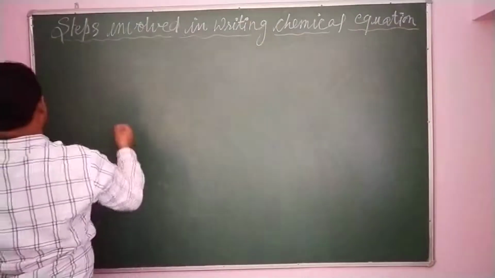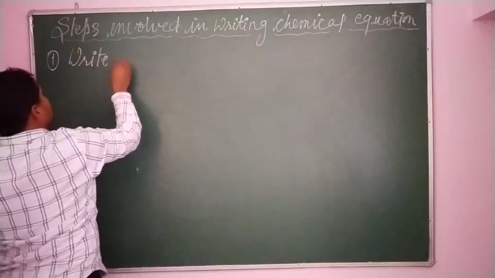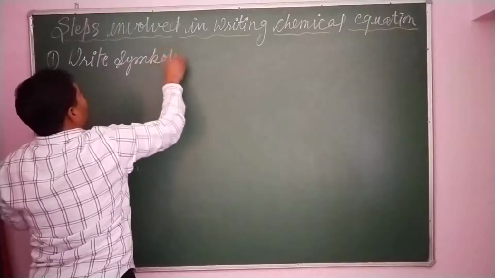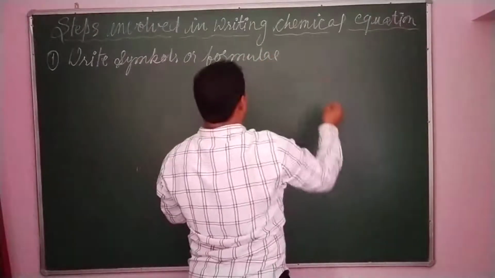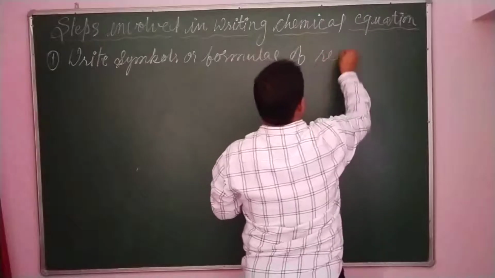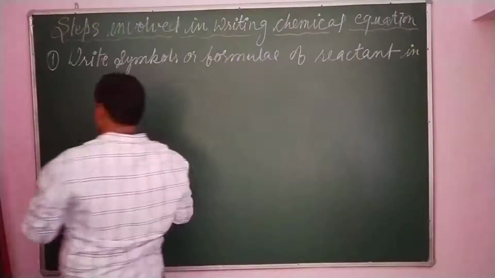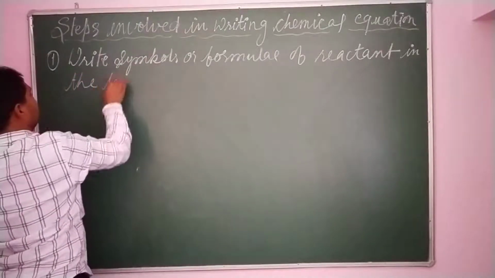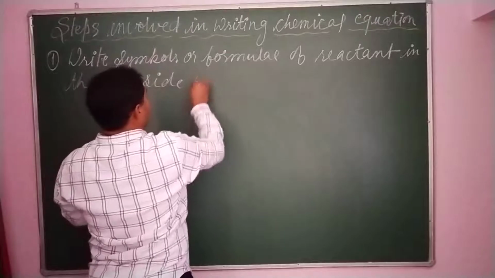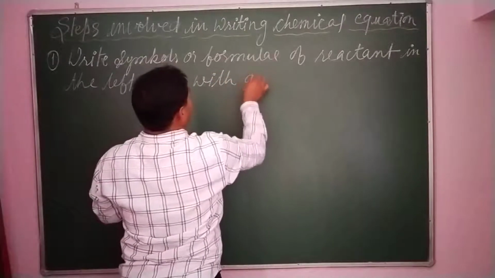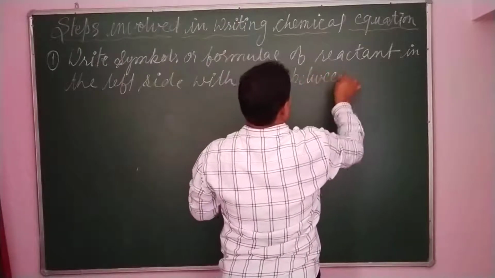First, write symbols or formula of reactants on the left side with a plus sign between them.